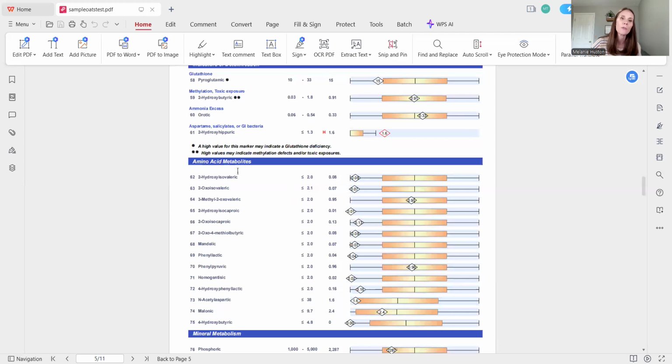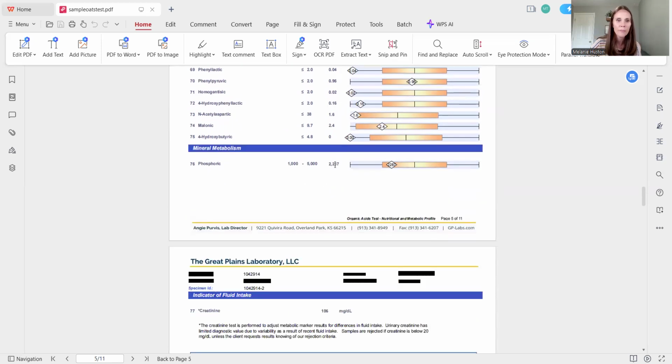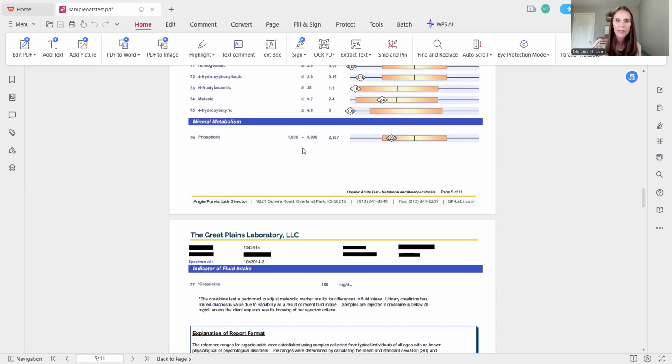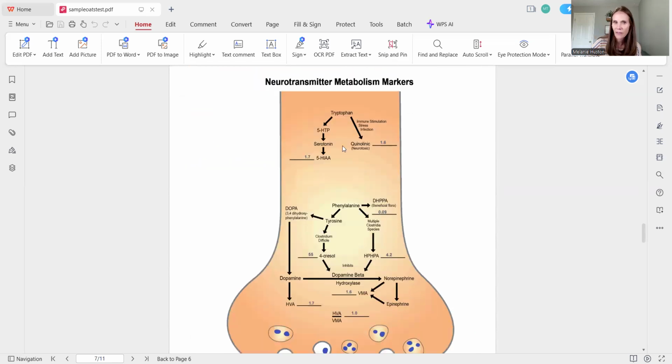And this one is your amino acid metabolites. So if you're seeing a lot of them low like here, then you need support in that. We need to add in some things to help you break down those amino acids better. And then this one is your vitamin D. So super interesting.